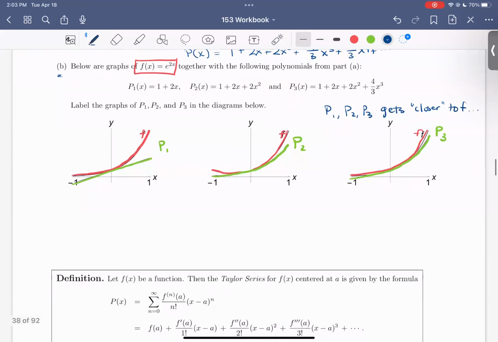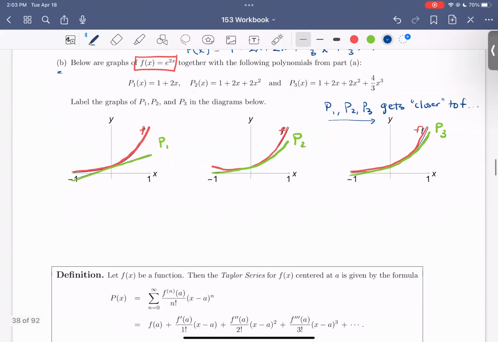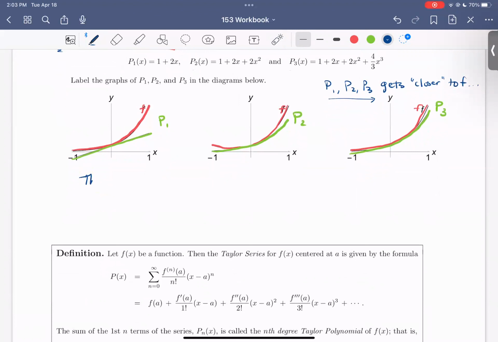If we want to formalize that, we can say that the sequence of P's converges to our function. If we kept on doing this, looking at P4, P5, etc., we notice that all of those p sub i polynomials converge to our function. So I'm going to write that down. We have a sequence of polynomials, P1, P2, P3, etc., that converge to f of x equals e to the 2x.